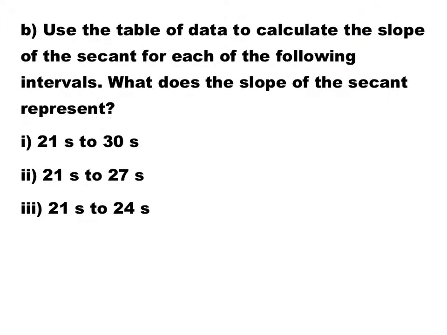The next question is, using the table, we are supposed to find the rate of change between 21 seconds to 30 seconds, 21 seconds to 27 seconds, and 21 seconds to 24 seconds.